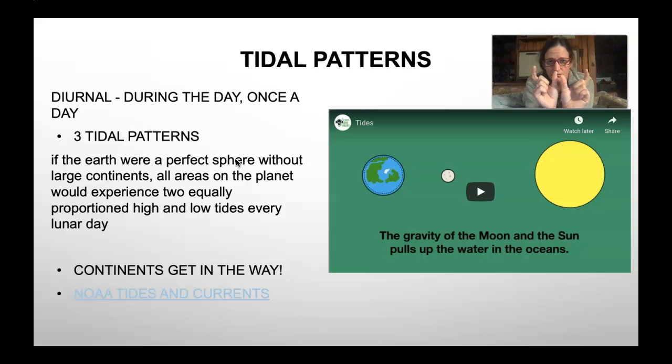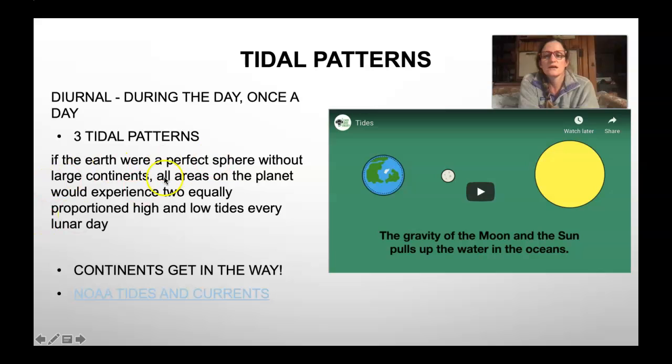So two high tides and two low tides during one day. And then there's mixed, so that the sizes of the tides, the highs and the lows, are different throughout the day. So diurnal, semi-diurnal, and mixed.